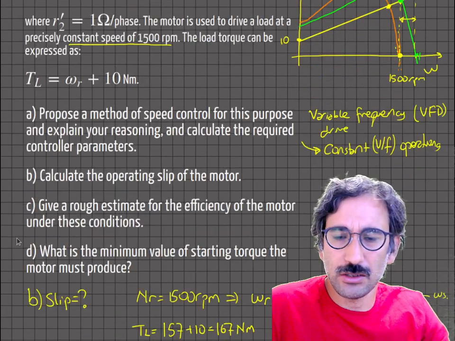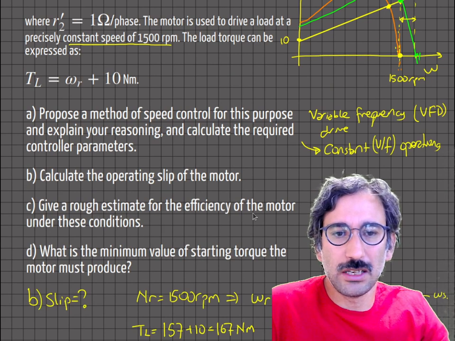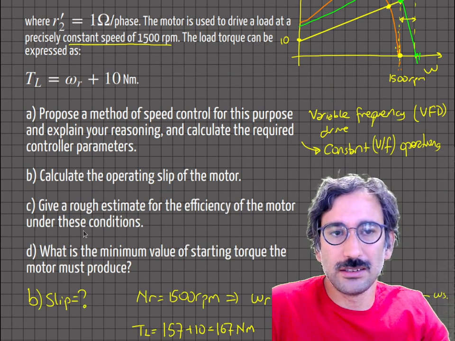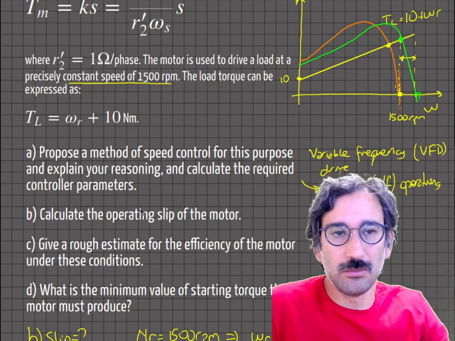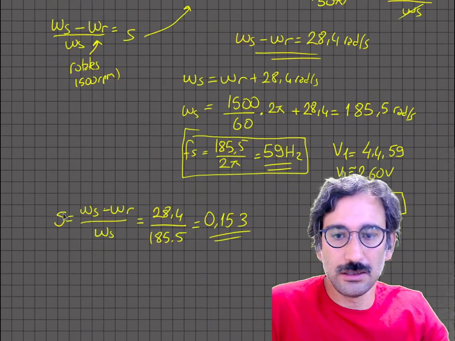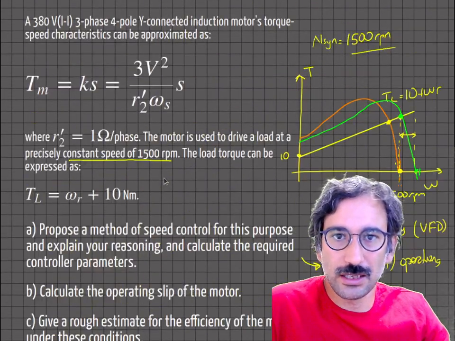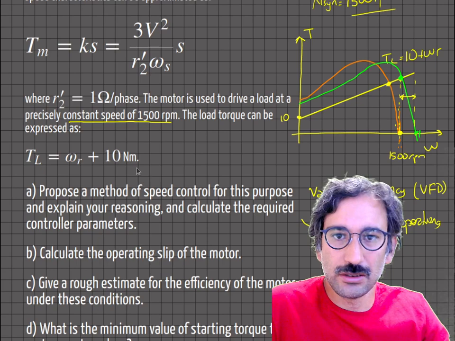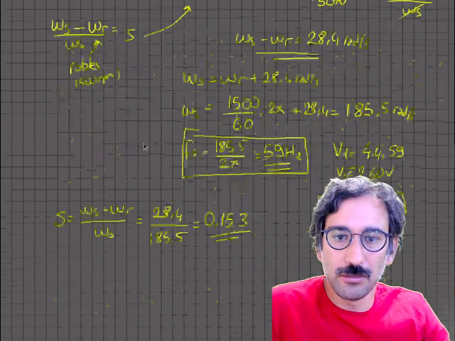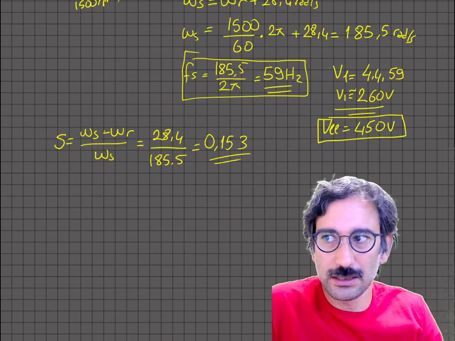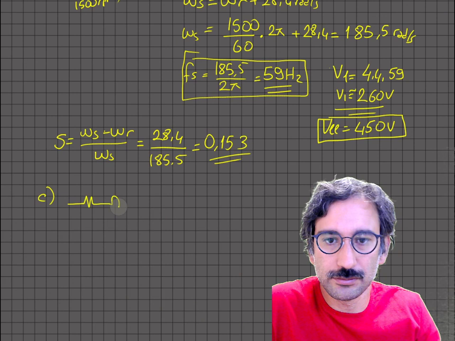So in the next section, it asks to give a rough estimate for the efficiency of the motor under these conditions. What should be the efficiency of the motor? Let's have a look at that one. It just gives a rough estimation. Again, we don't know much information, but let's try to plot the equivalent circuit.